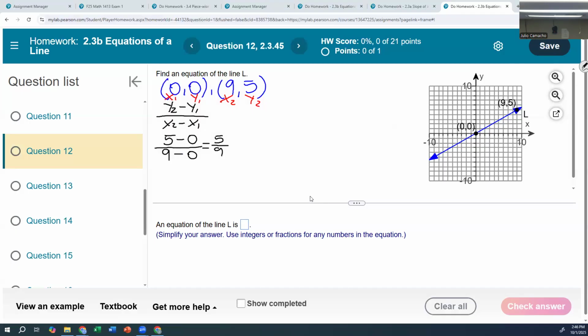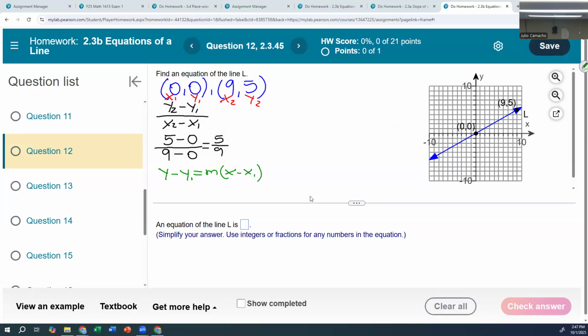So now we have to use the second formula that we have learned, the point slope formula. I will use the point slope formula to find the equation of the line. And the point slope formula is y minus y1 is equal to m times x minus x1.